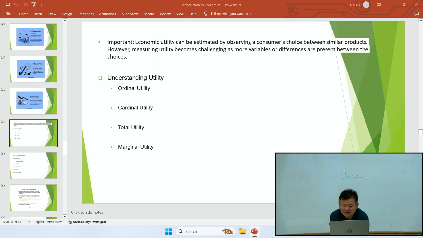So as you know, we have limited resources. For example, my wallet is very poor. Anyway, we meet limited resources.